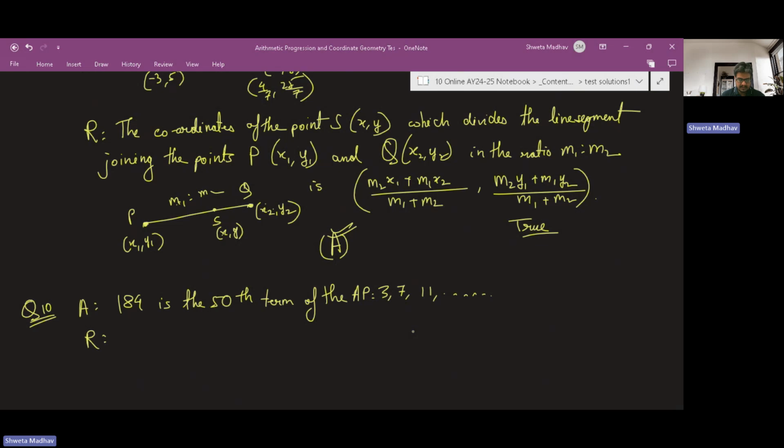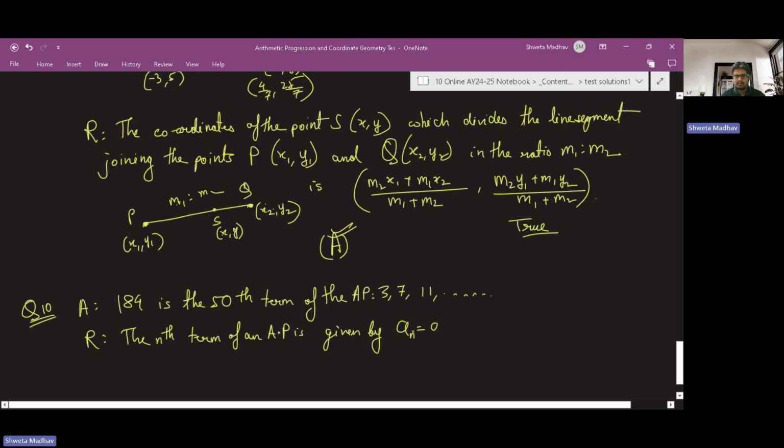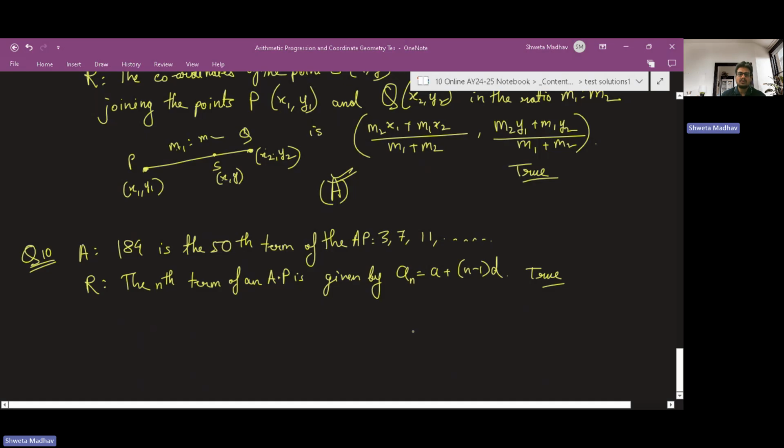Then the reason is given as: the nth term of an AP is given by an is equal to a plus (n minus 1)d, where a is the first term and d is the common difference of the AP. So here, obviously, the reason is true, and we have to check if the assertion is true or not.